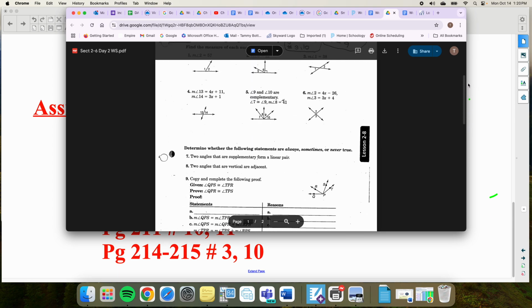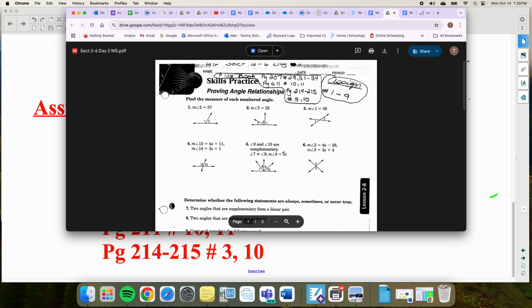So do this all on notebook paper. And on the top, what I'd like you guys to do is write section 2-6, day 2 worksheet. It just makes it easier when I go to put it in the grade book. So everybody on the top, just write section 2-6, day 2 worksheet.